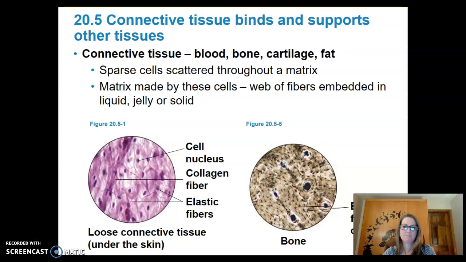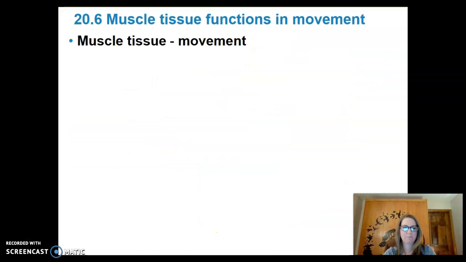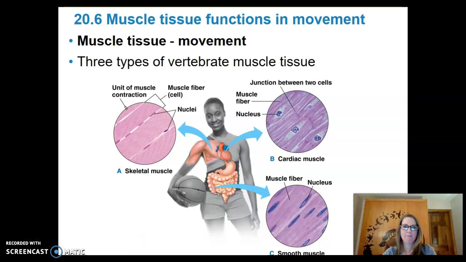Okay. So again, all the different examples, and there are even more not on the slide. So bone, blood, loose connective tissue, adipose, which is fat. We have tendons, ligaments.